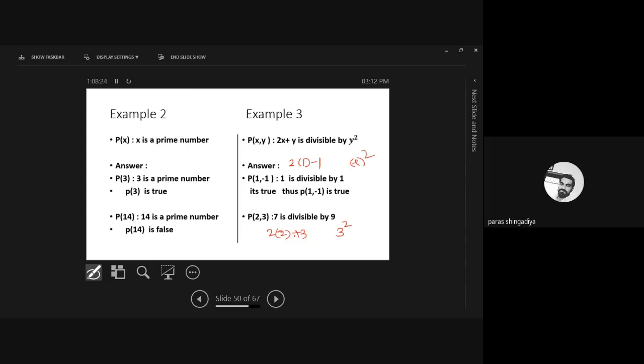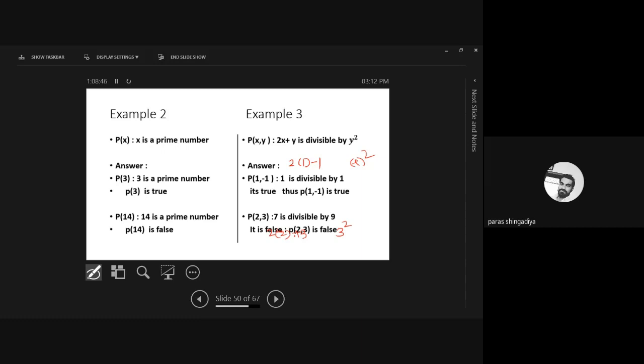So 7 divisible by 9 is wrong. So the pair P of 2 comma 3 reflects the false outcome and therefore it is a false value. So for 1 comma minus 1 the outcome is true, for 2 comma 3 the outcome is false.